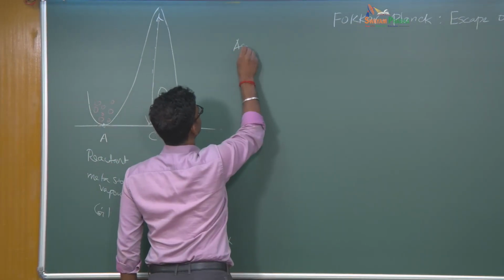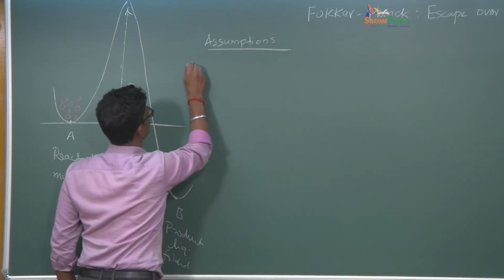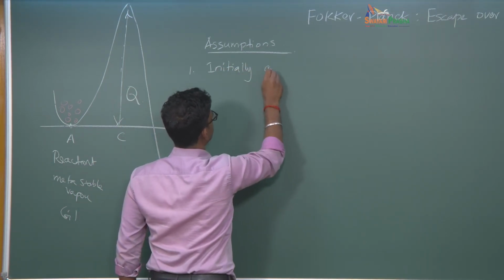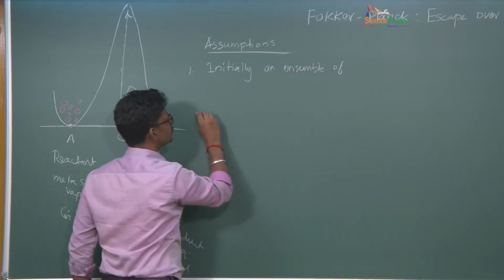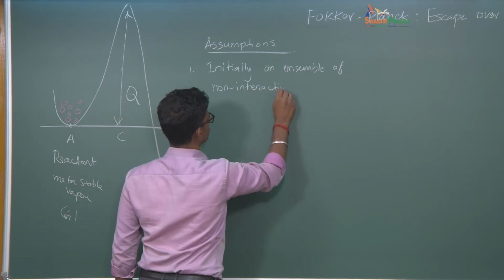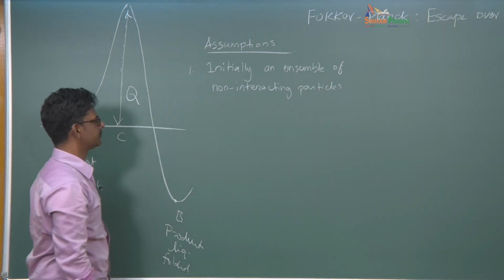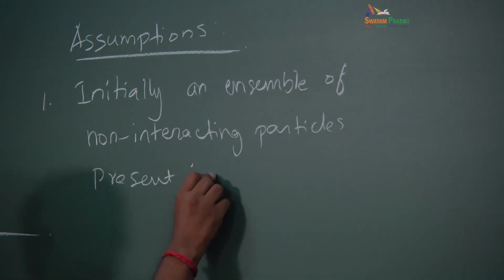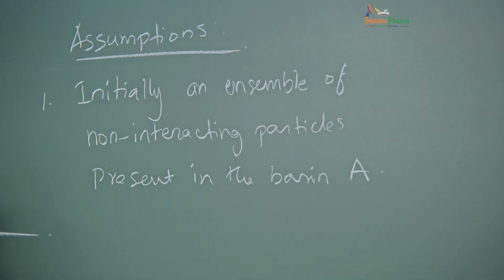So, assumptions. We say initially an ensemble of non-interacting particles present in the basin A. Okay, that is the starting point.